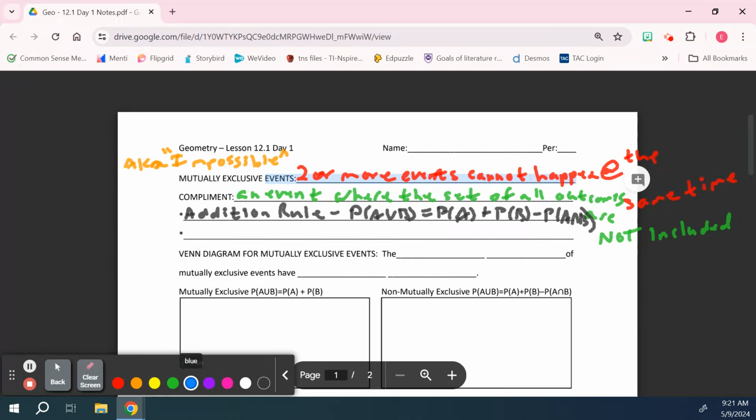Now, if we have a mutually exclusive event, the probability of A intersect B would equal 0. Again, this is just for mutually exclusive events.